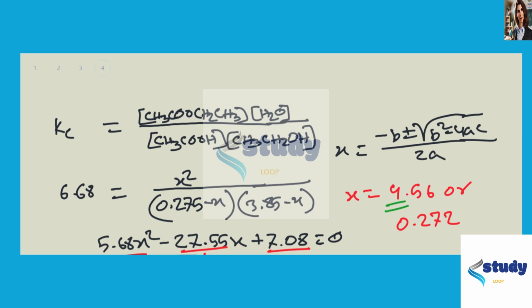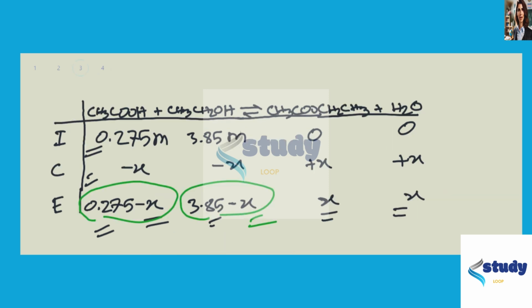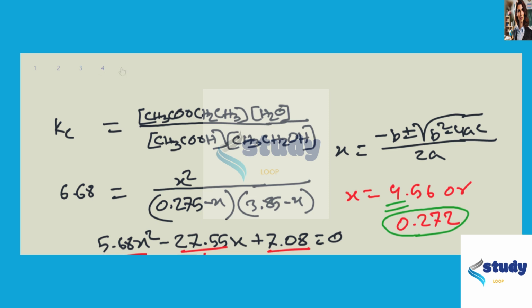So our valid value for x is 0.272. Since we just need the equilibrium concentration for ethyl acetate, which we assumed as x, the equilibrium concentration for ethyl acetate is 0.272 M.